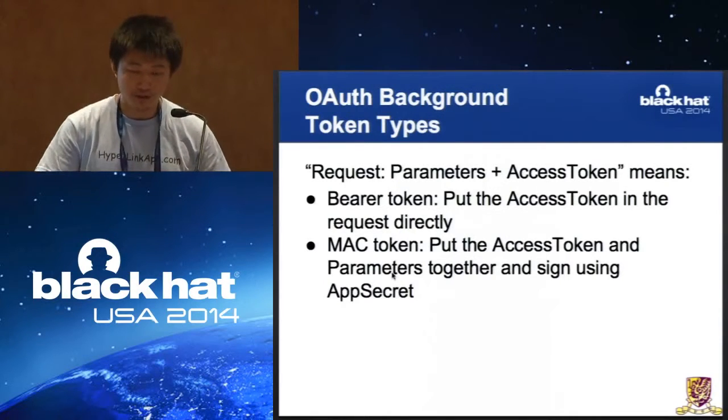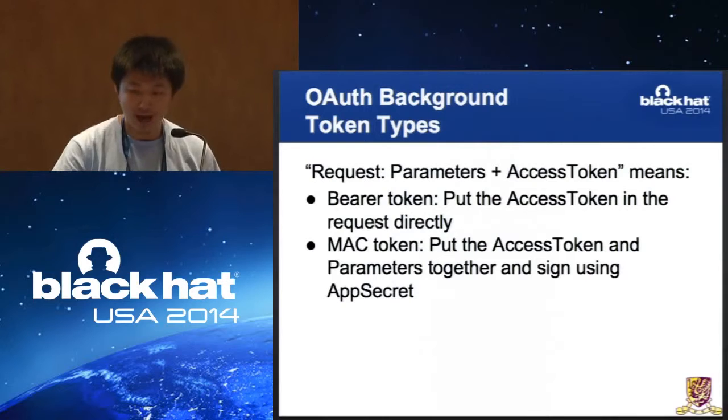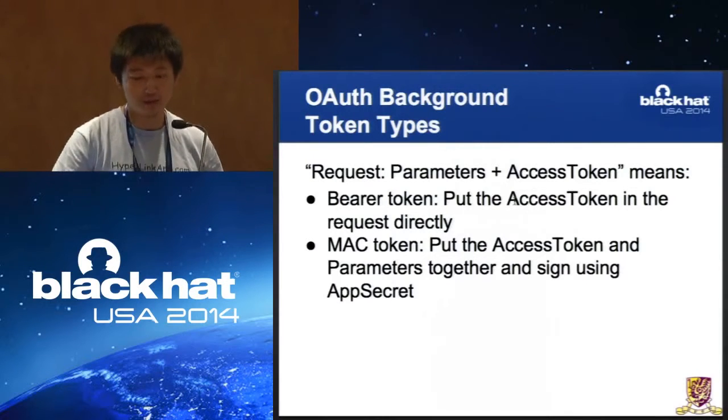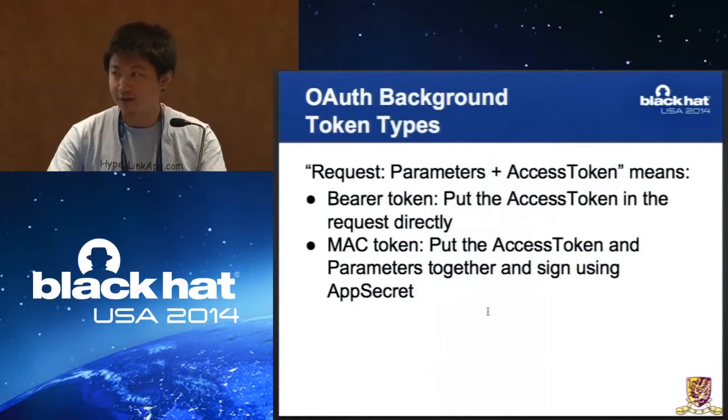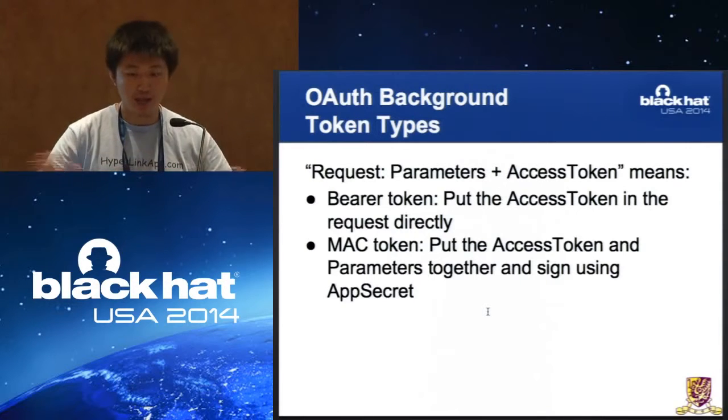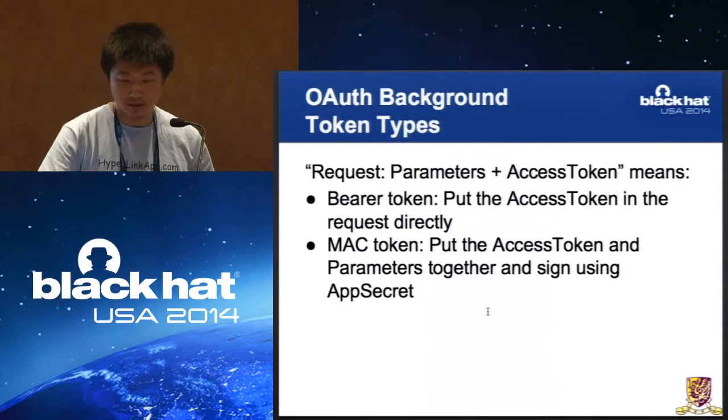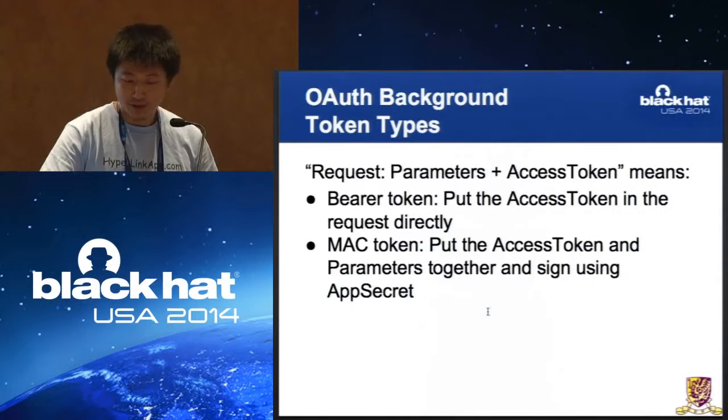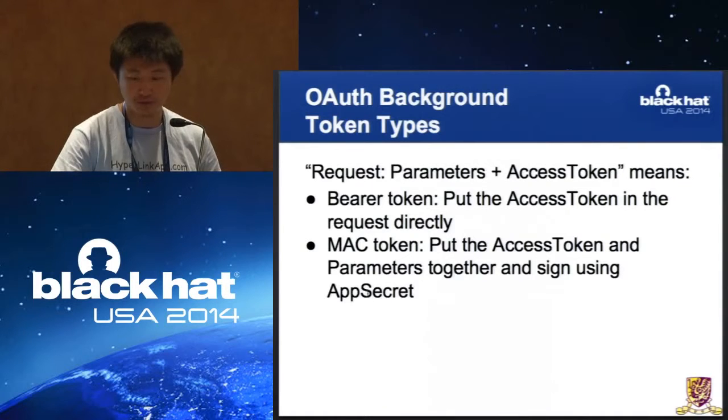During the request, the access token can be used in a bearer token style, that is, put the access token in the request directly somehow. Or used in MAC token style, that is, put the access token together with the parameters and do a signature on the canonical string, of course, with the app secret. So you see that the flavor of MAC token involves the app secret. So this is the preferred use.